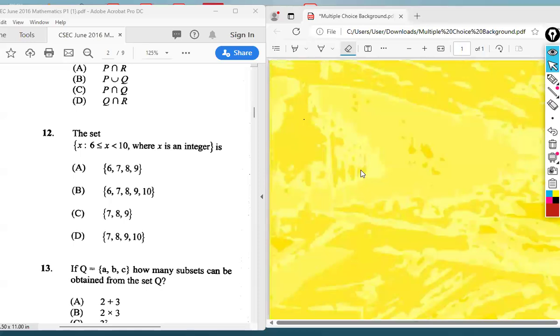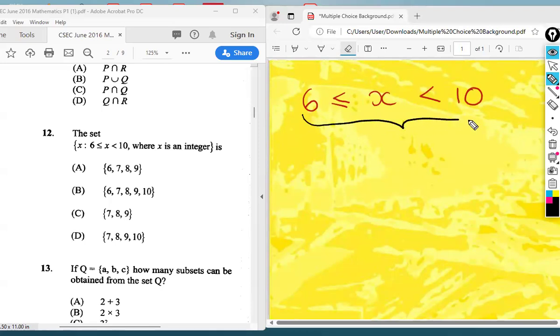Right. So let's explain number 12. They said 6 less than or equal to x less than 10. This basically means you're counting from 6 to 10, almost. Now, remember for the 6, it has the little extra line underneath.